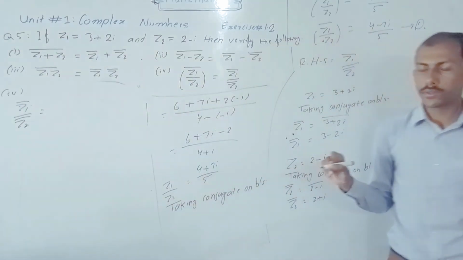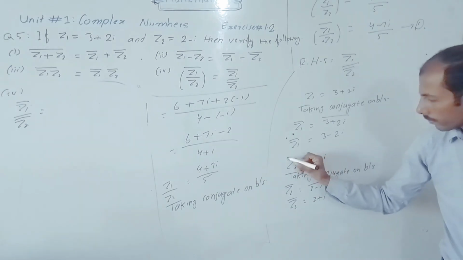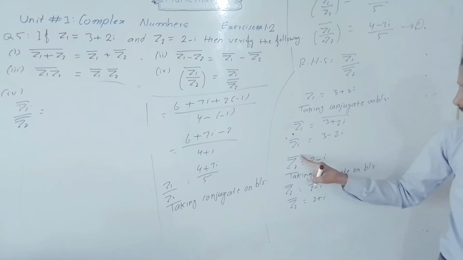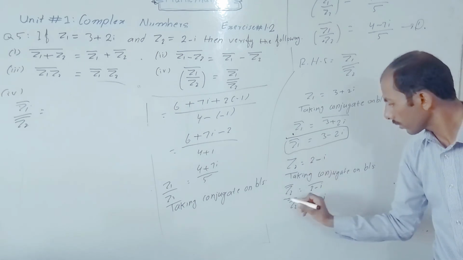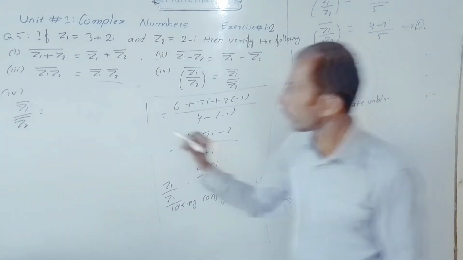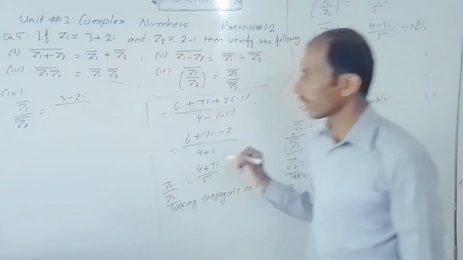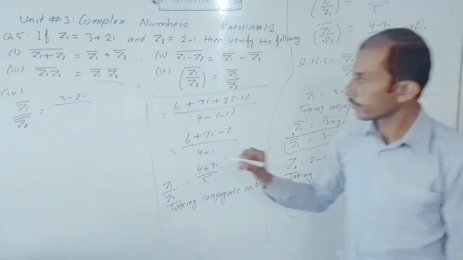Z1 conjugate is equal to 3 minus 2i. So Z2 conjugate is equal to 2 plus i.